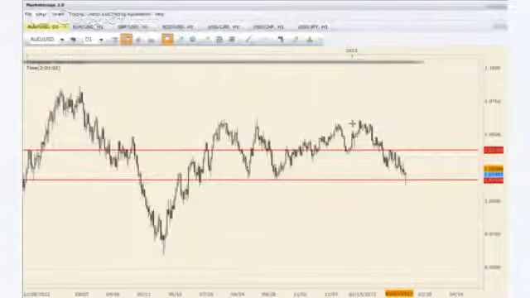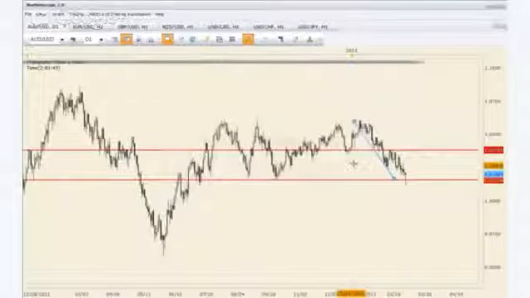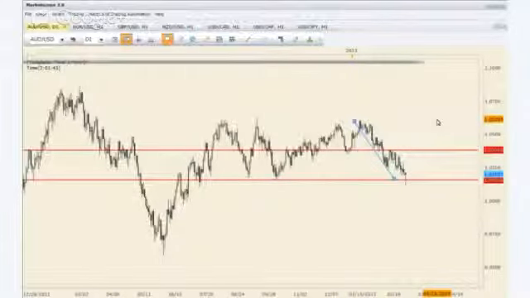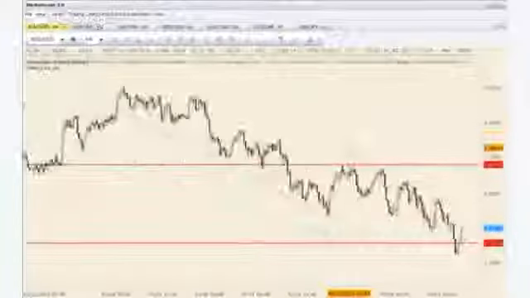And we can see that this pair Aussie is in a downtrend. Go to the 4 hour chart.